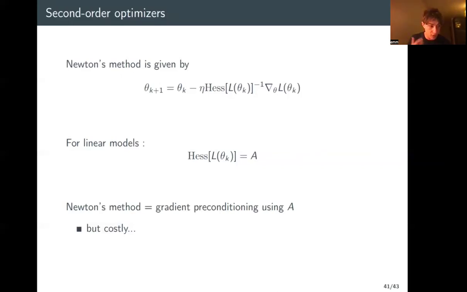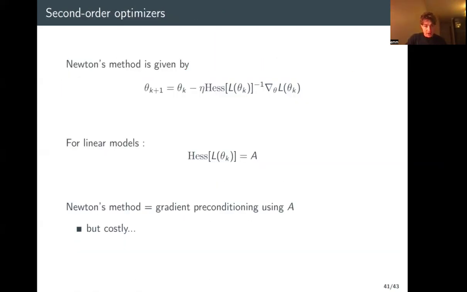So the condition number would effectively be 1. But obviously it's a trade-off, because computing the Hessian is very cumbersome and very costly in practice.